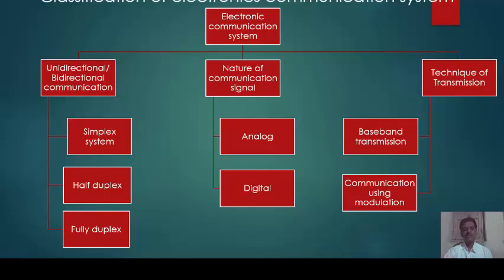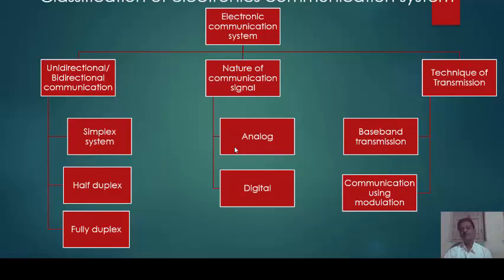The direction of communication is again of three types: the simplex system, the half duplex system, and the full duplex system. The nature of communication signals is of two types: the analog and the digital signal.